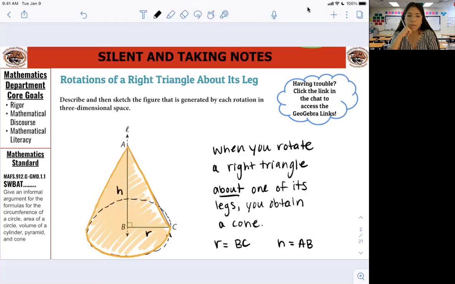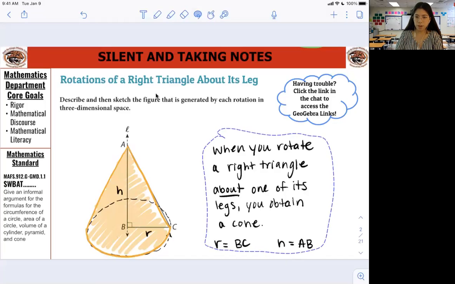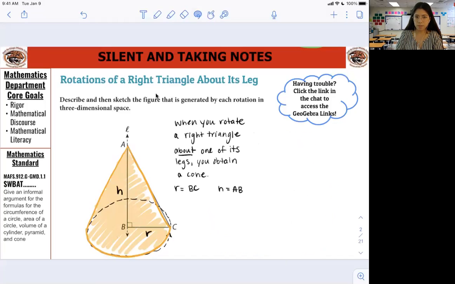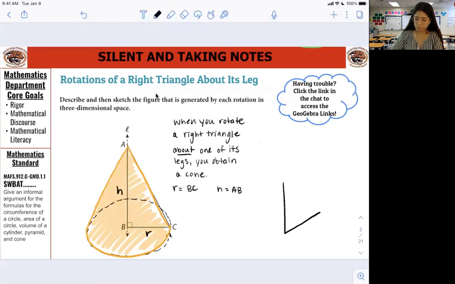All right, any questions on rotating a right triangle? Pretty easy, right? Now, why does it have to be a right triangle? What would happen if I tried to do the same thing with an acute triangle? So something that looks like this, where this is less than 90 degrees.